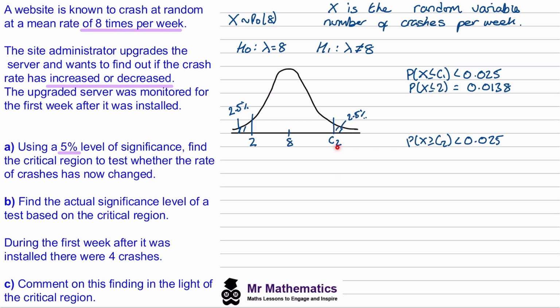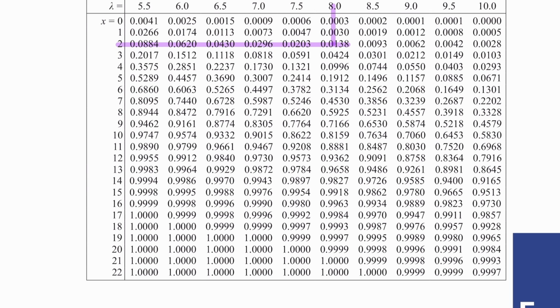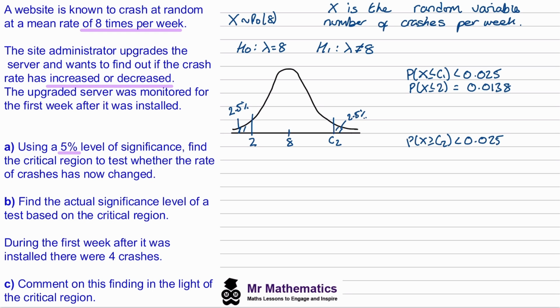To work out C2, we'll go back to our tables, and we want the probability that is closest to 0.975, which is when X is 14. This will be 0.9827. So the probability of X being greater than or equal to 15 will be 1 minus that 14.